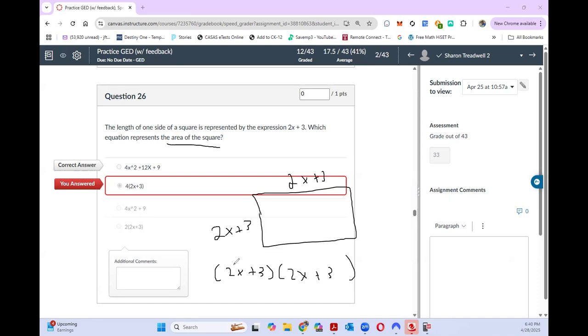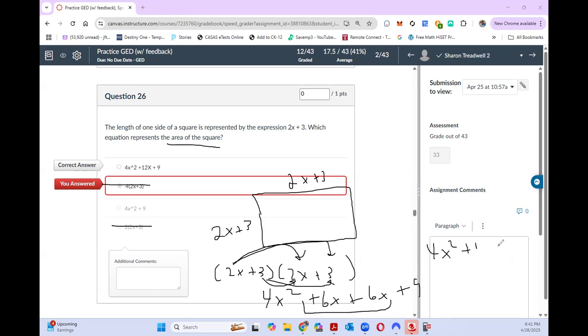When you do 2x times 2x, you get 4x squared, which gets rid of that one. Then 2x times 3 we get 6x, and 3 times 2x we get another 6x. Then 3 times 3 is 9. We got two like terms, so we get 4x squared plus 12x plus 9, which is A, number one.